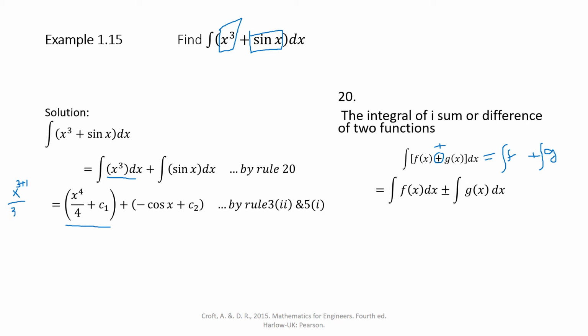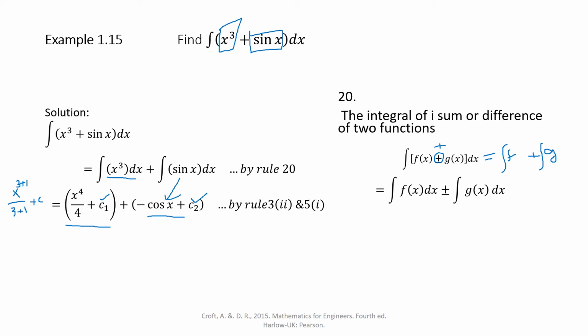This is what rule number 3.2 tells us, and plus constant of integration again. And this one is 5a, we did it 2 times I think, so no problem. So c1 and c2 will be produced.